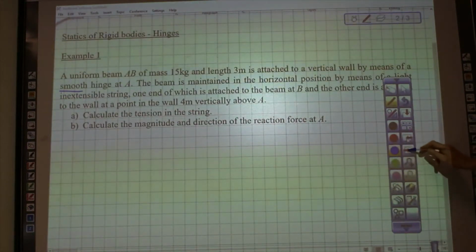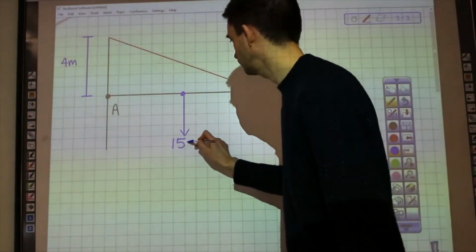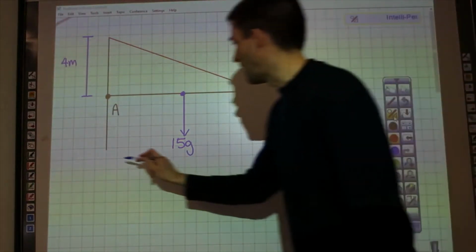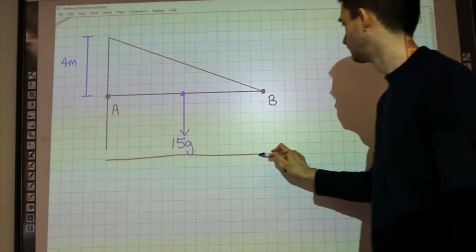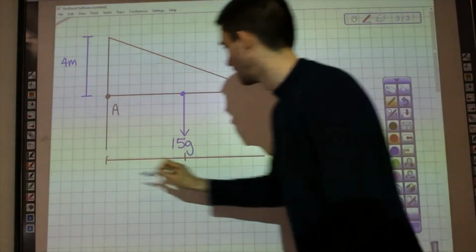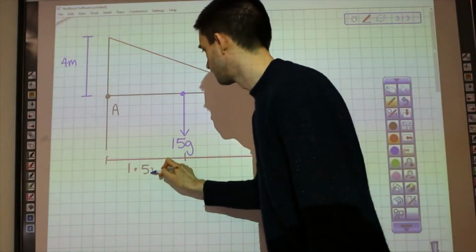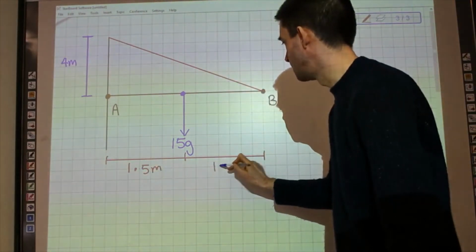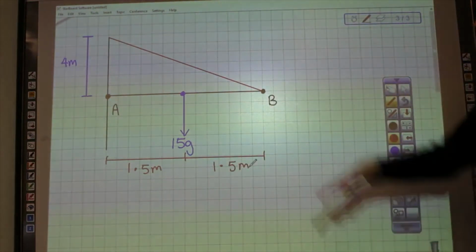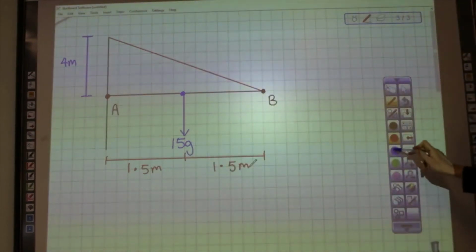Right, so we have 15g as a force there, acting halfway along the plank AB, so it's 1.5 meters from the wall. So we've got the weight of the plank acting directly downwards, that's 15g.